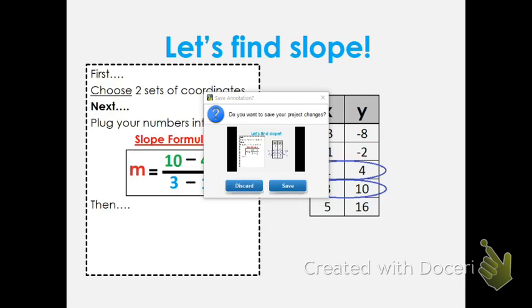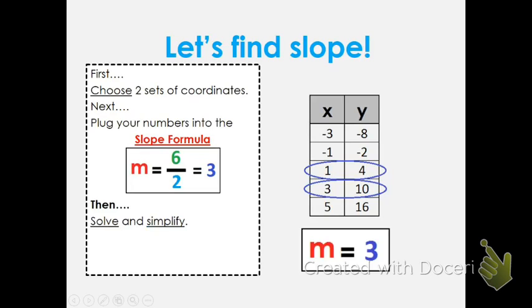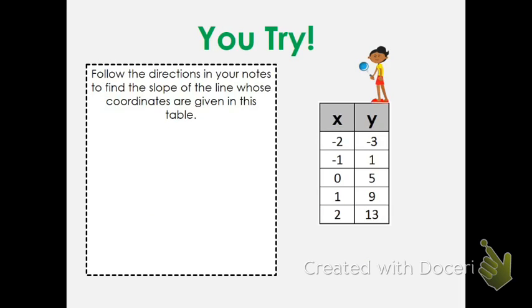Then we're going to simplify and solve. So we have 6 divided by 2 is equal to 3. And our slope is m is equal to 3. Now I want you to do the same thing. Follow the instructions. Pick 2 ordered pairs and figure out the slope from this table.